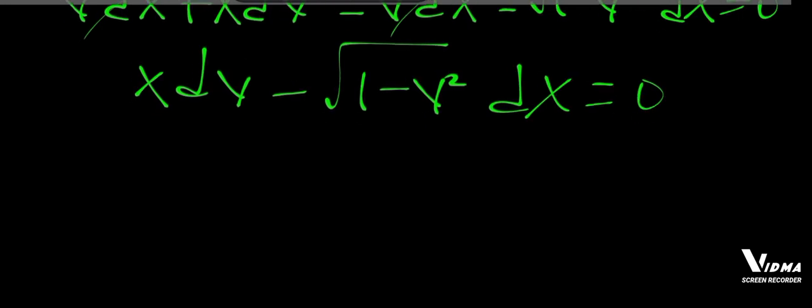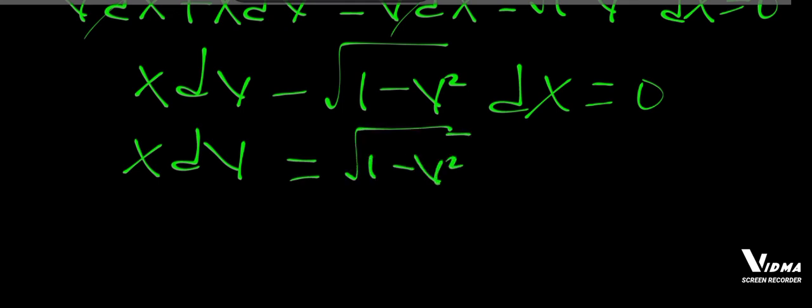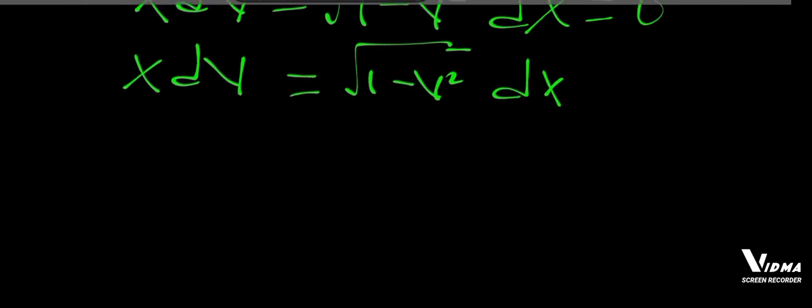Okay, so we can group similar variables now. Before that, let me just move it to my right hand side. It's better to get rid of the negative sign for your work to be simpler.